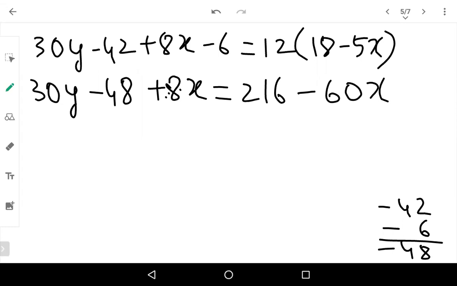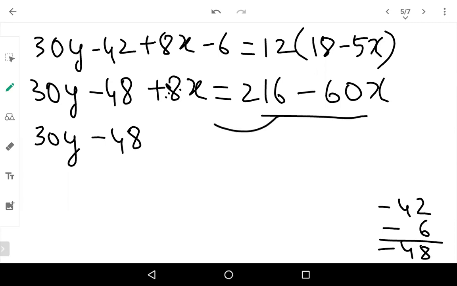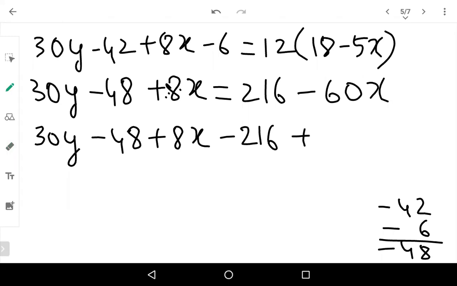Fine. Now next, 30y minus 48. Now let us get this expression also to the other side. If I get the expression also to the other side, what is it going to become? Plus 8x minus 216 plus 60x is equal to 0.